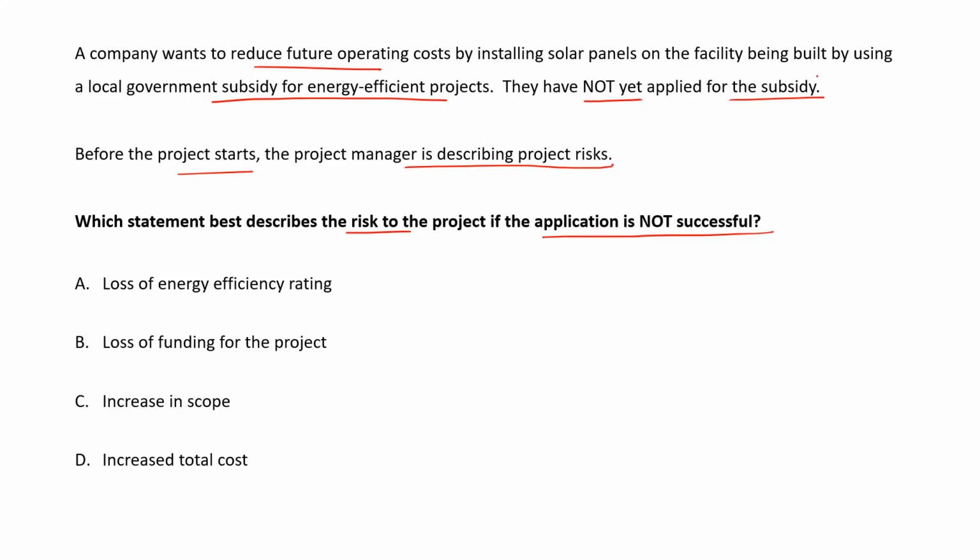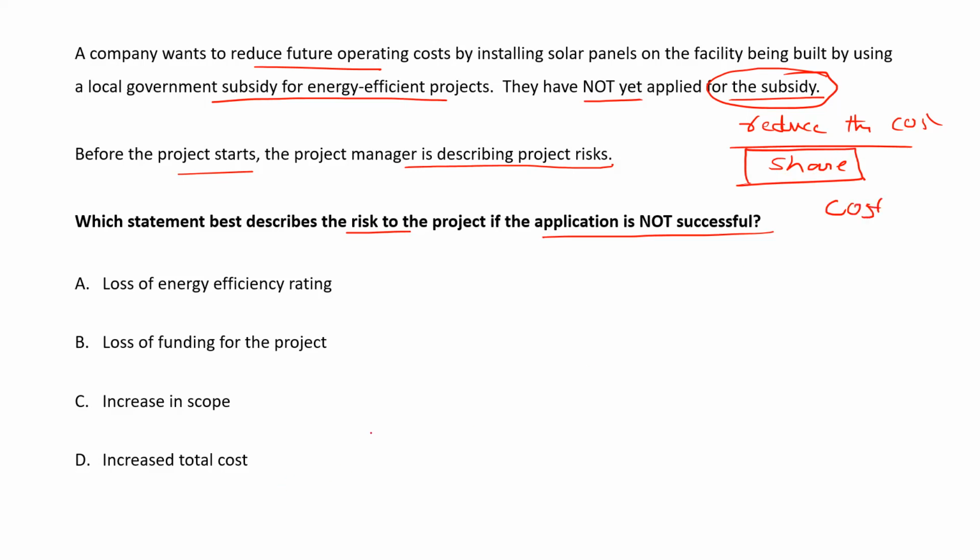Subsidy means you will reduce it, right? Reduce the cost, or you will get a share from someone in the cost. So if you don't get that share in the cost, then this is not even our question.